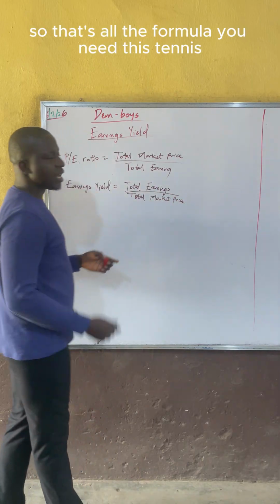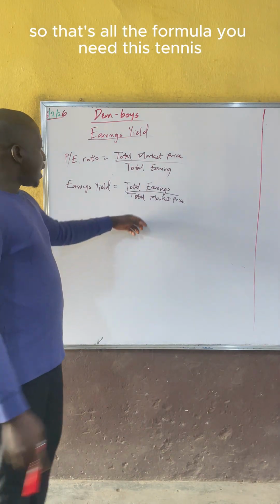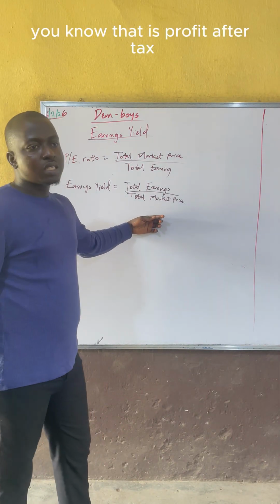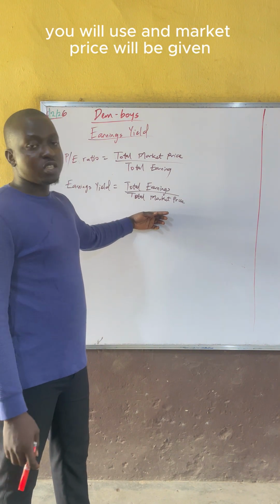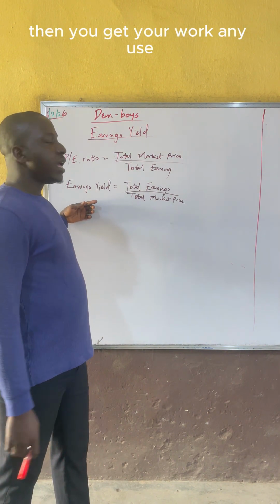So that's the formula you need. This earnings is the profit after tax you will use, and market price will be given, then you get your earnings yield.